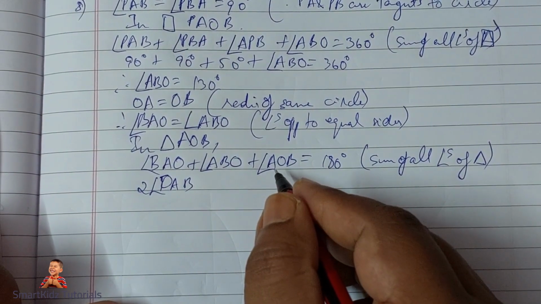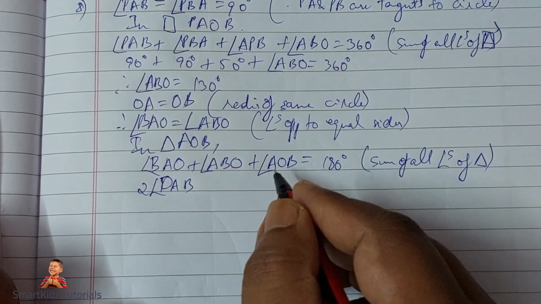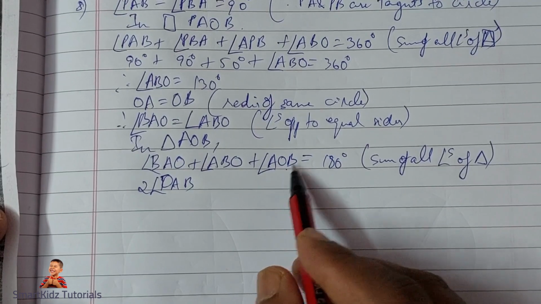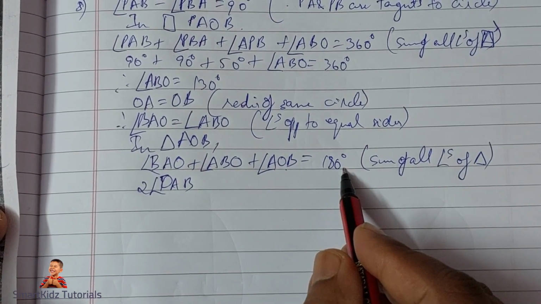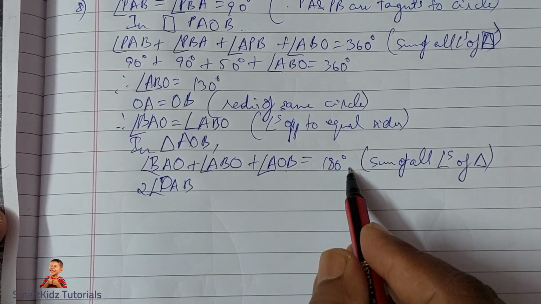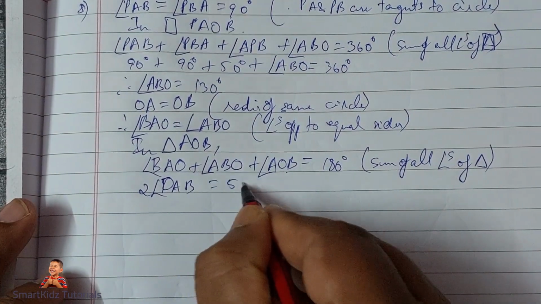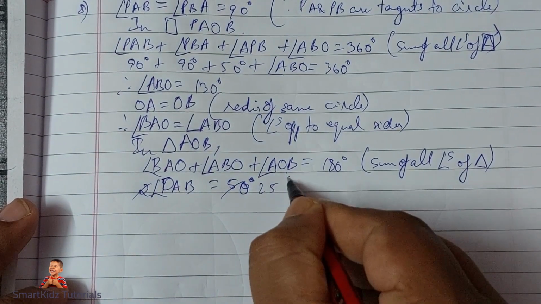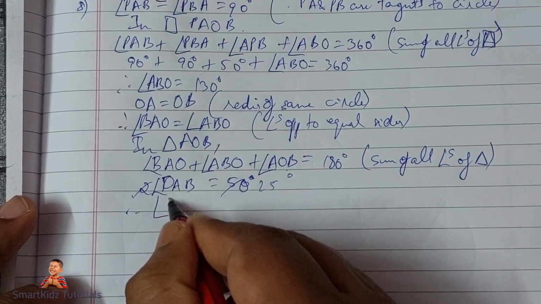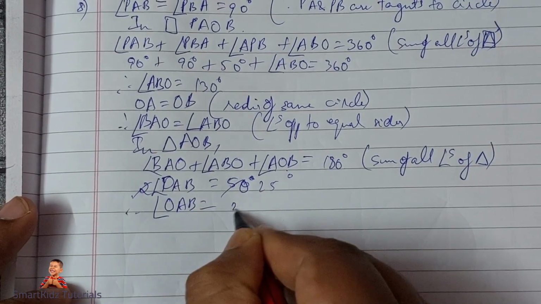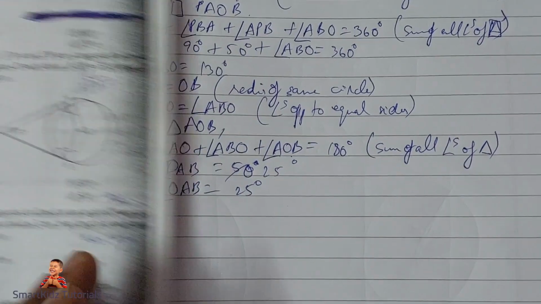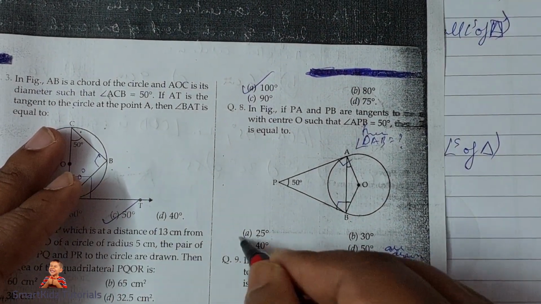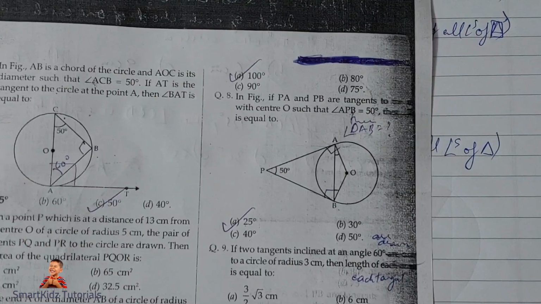AOB is 130 degrees, so when you take it across it becomes negative. 180 minus 130 gives us 50 degrees. Cancels, we get 25 degrees. Therefore angle OAB is equal to 25 degrees. So the correct answer choice is A over here.